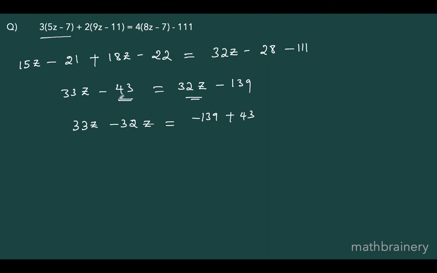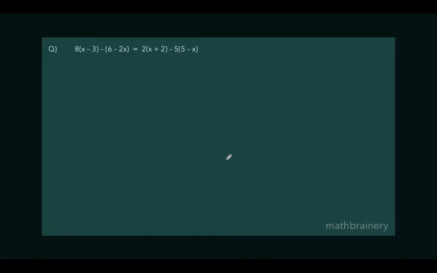When you transpose minus 43 to RHS, it becomes plus 43, and transposing 32z to LHS will be minus 32z. 33z minus 32z is z, minus 139 plus 43 is minus 96. So the solution to this linear equation is z is equal to minus 96. Let's look at the next question.